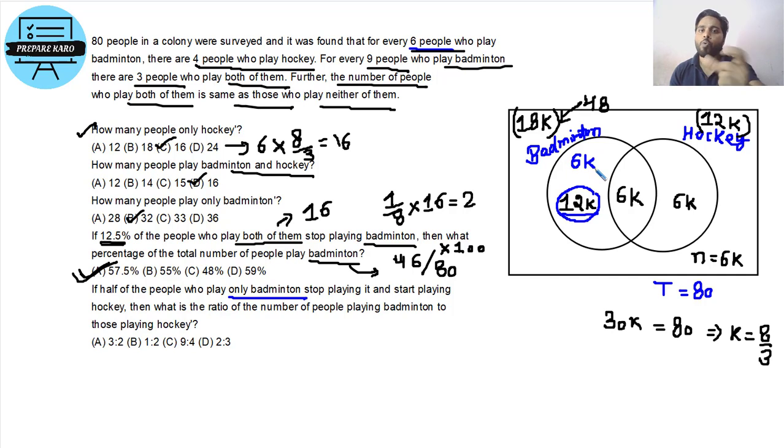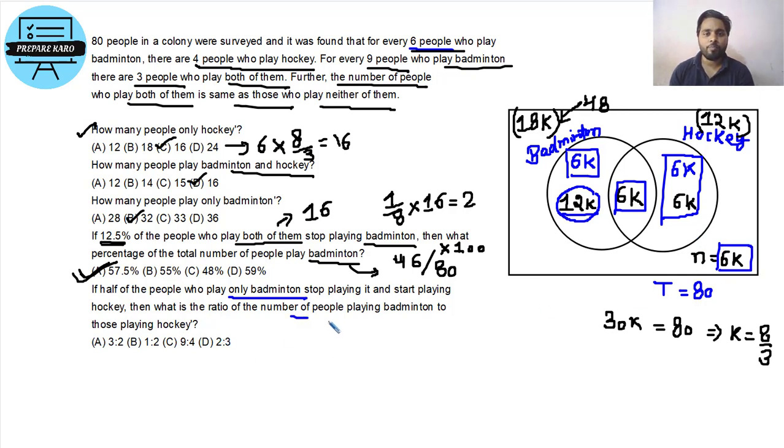So remaining who play only badminton will be 6K, and the 6K people who stopped playing badminton are now playing hockey. So after that you can say that only badminton 6K, only hockey 12K, both 6K and none 6K. This will be the story, right?